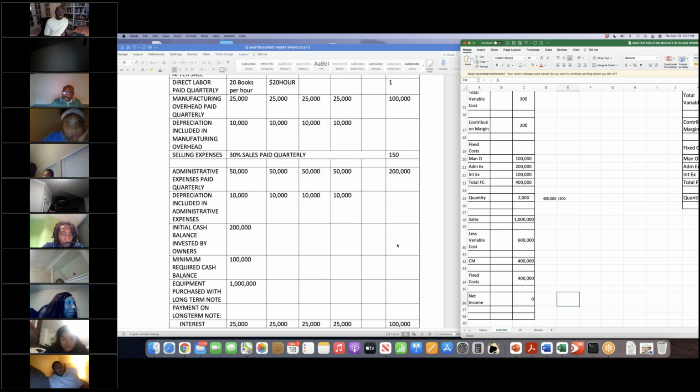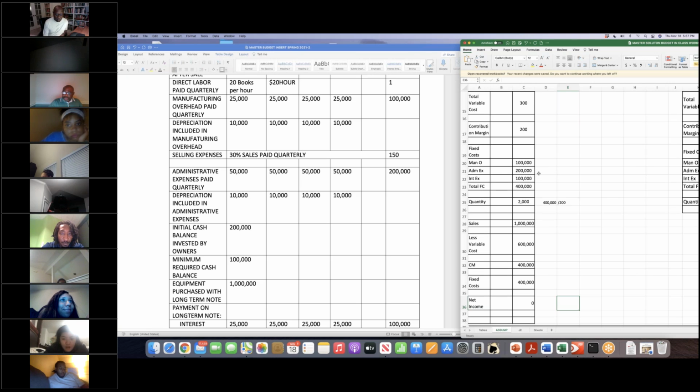You can always use this as a guide, just move them over there. Is there anybody who doesn't see how we got 2,000? So 2,000 becomes what we're going to sell. So what are we going to do with the 2,000?